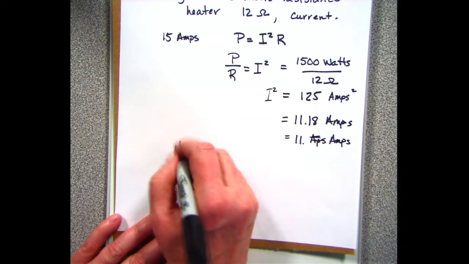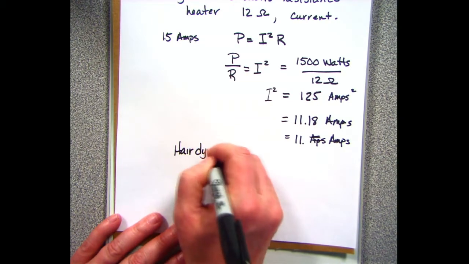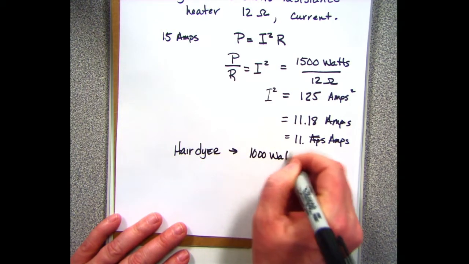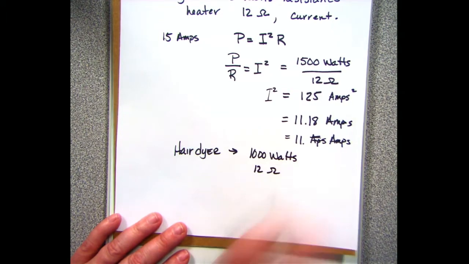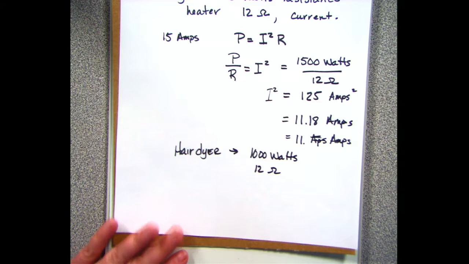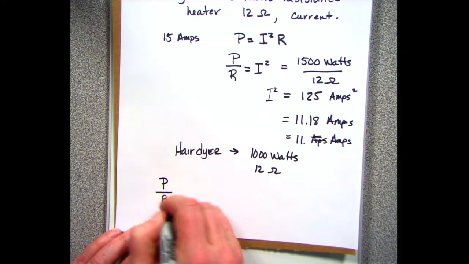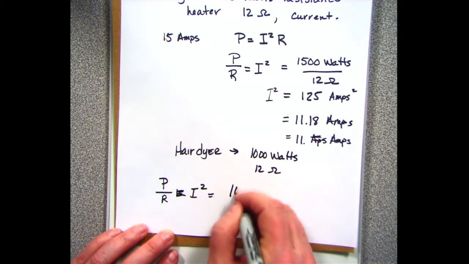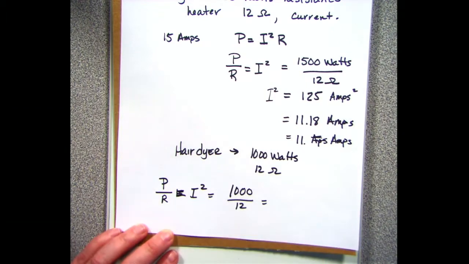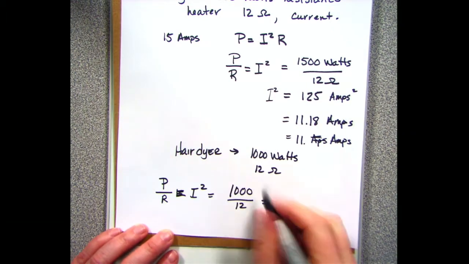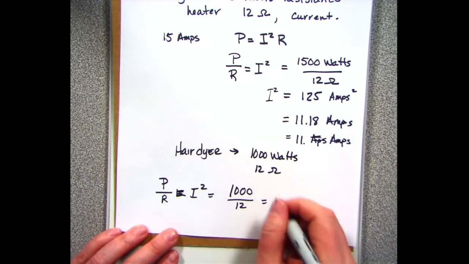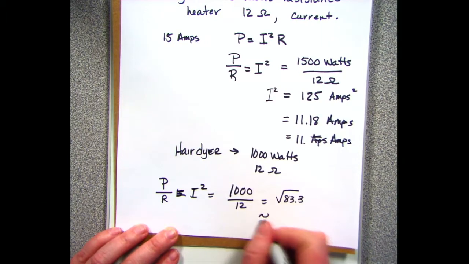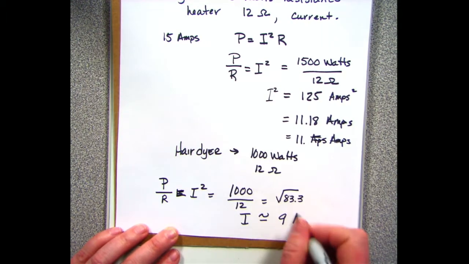So if I do that one, power divided by R gives me my current squared. That's 1,000 divided by 12, which gives me, this one I do have in my notes, the square root of 83.3, and that works out for current to be 9 amps. If that's 11 amps, and that's 9 amps, and I have a 15 amp breaker, guess what happens? The breaker switches off in order to protect your circuit.